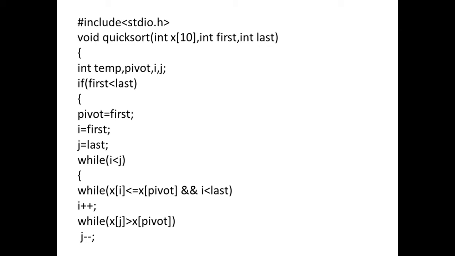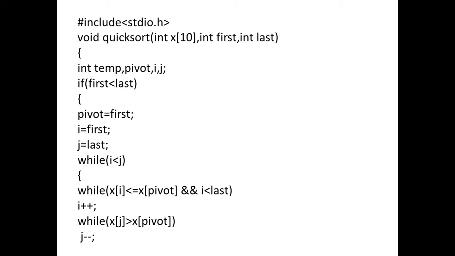Now to make the pivot element sorted in the proper order, we are taking two pointers, that is i and j. i will be pointing to the first element as usual, and j will be pointing to the last element in the array.